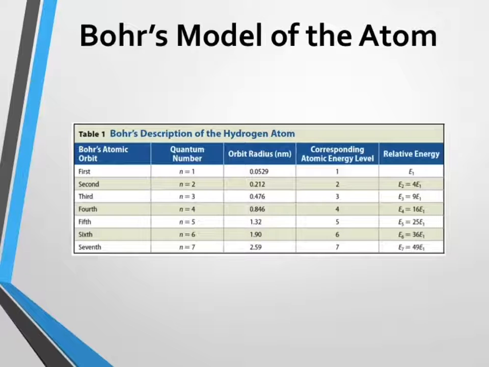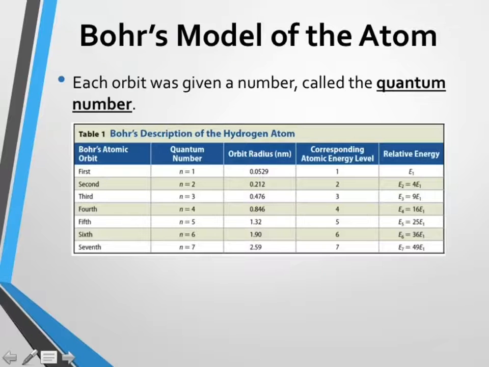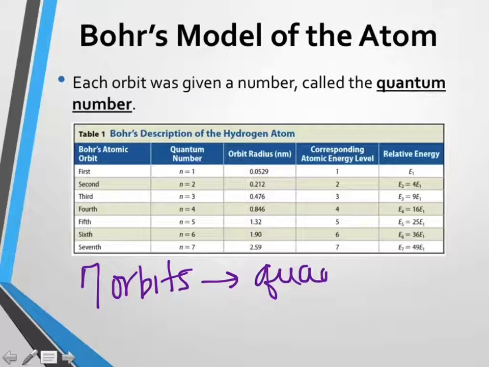Okay. Bohr's model. He said that we have 7 orbits, and they called those quantum numbers.